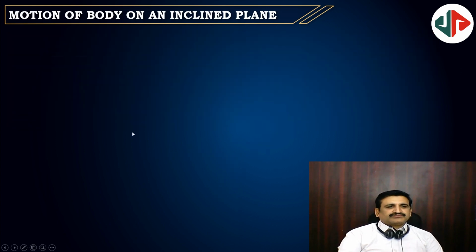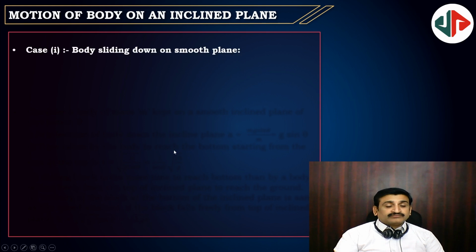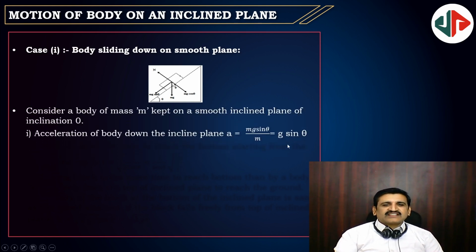Next, motion of a body on an inclined plane. Sliding on an inclined plane, rough inclined plane, smooth inclined plane, everything will come here. Suppose it's a smooth inclined plane, acceleration is g sin theta along the plank. Acceleration g sin theta is an important point. We are going to discuss it in circular motion, rotatory motion, dynamics also.